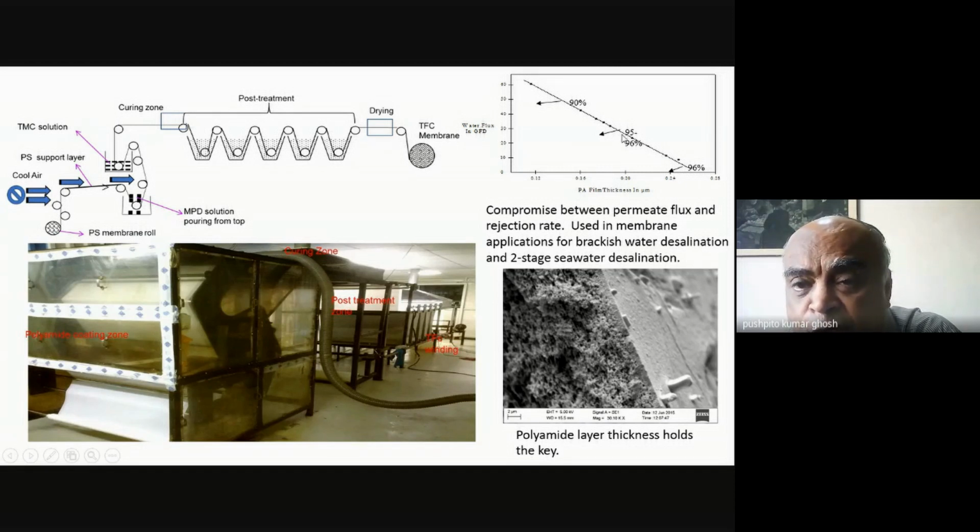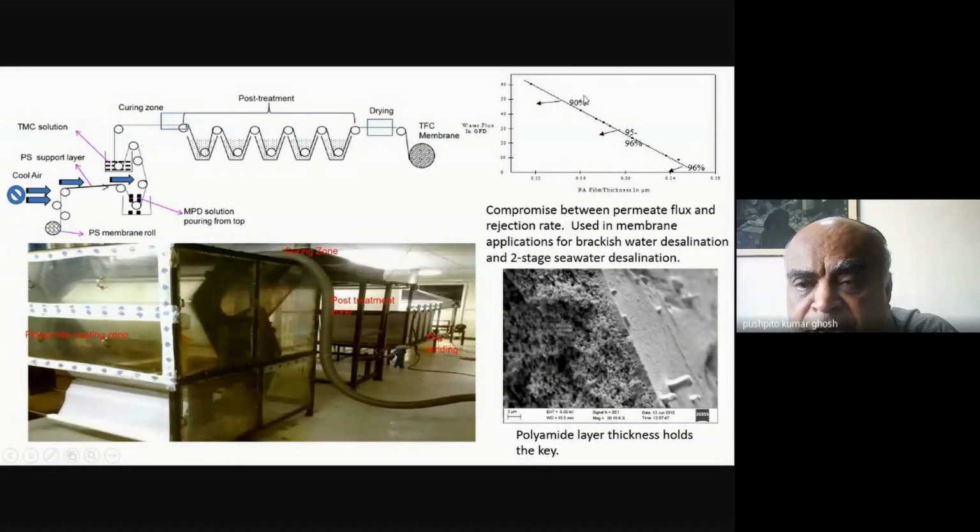Now, if you try to get more greedy and go further, making it even thinner, like it has been done, say going up to something like 0.16 micron or thereabouts, what happened was that, of course, there was a further improvement in the flux, but now you can see there was a sharp decline in the salt rejection efficiency.